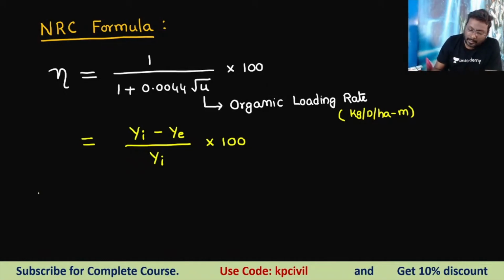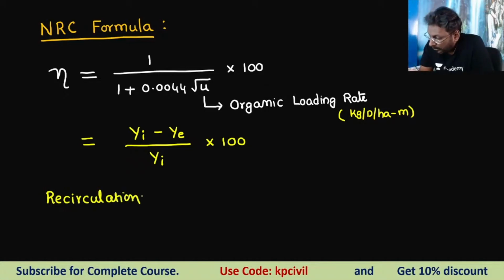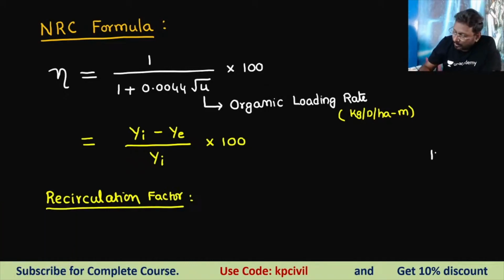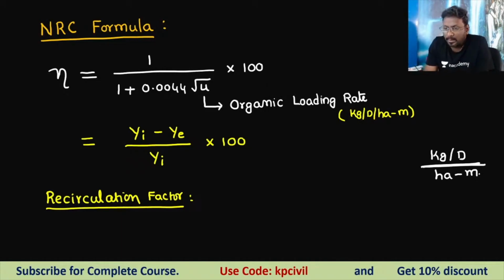And here, one more thing you remember, the recirculation factor F, in the denominator only. You are writing it like this, kg per day by hectare meter. You understand now? Kg per day, volume in hectare meter.